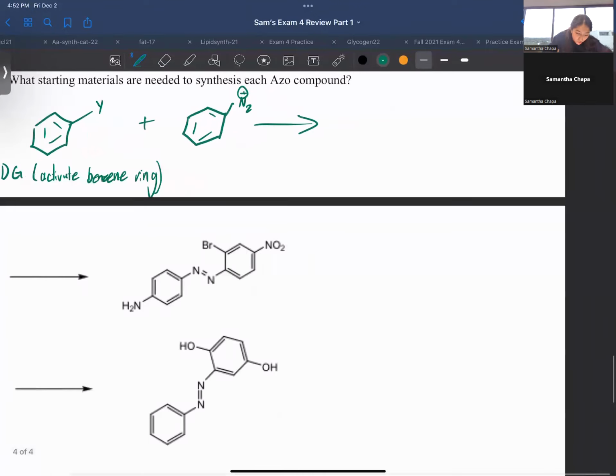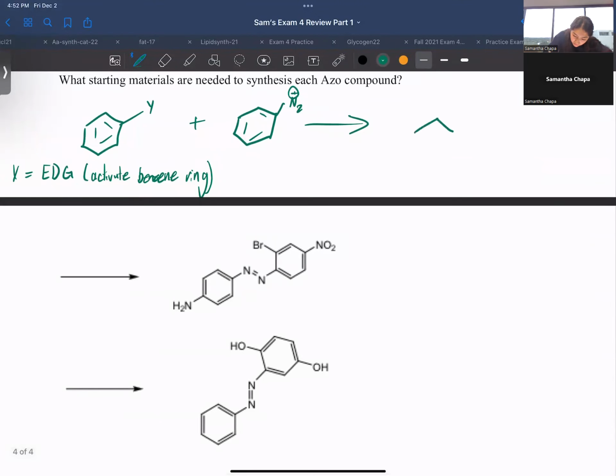Then notice how the benzene ring with the electron donating group is going to be directing your diazonium salt. Again, it's an electron donating group, so ortho-para. So I'm just going to put it in the para position where it has the least steric hindrance.